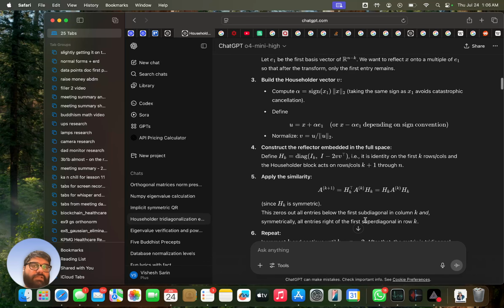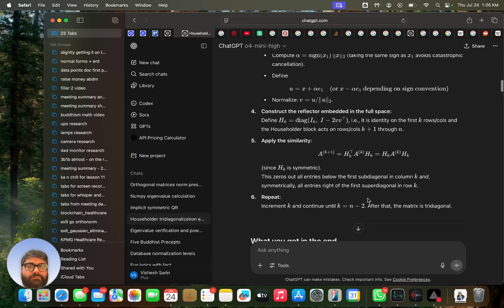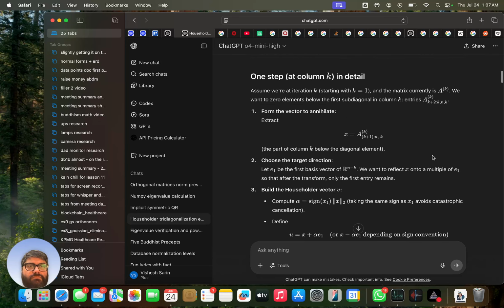And then you just apply the similarity, and you just repeat it, right? Applying the similarity means just doing the transpose of the reflector times the original matrix times the reflector again. And I think the Householder reflector is also symmetric.